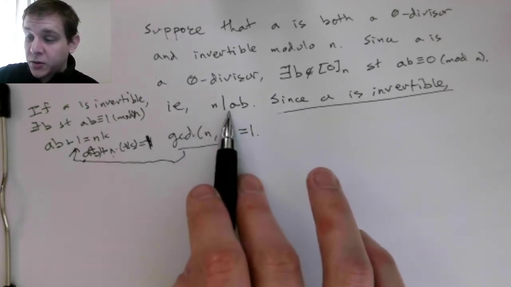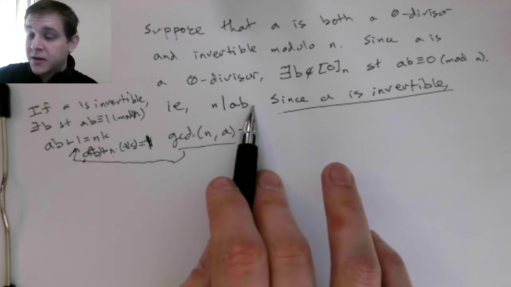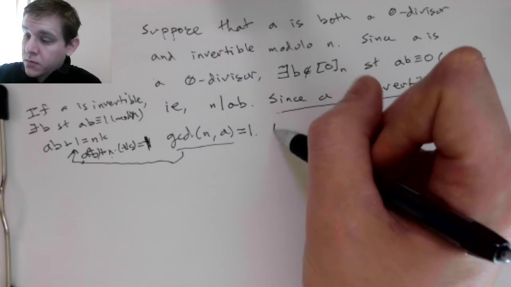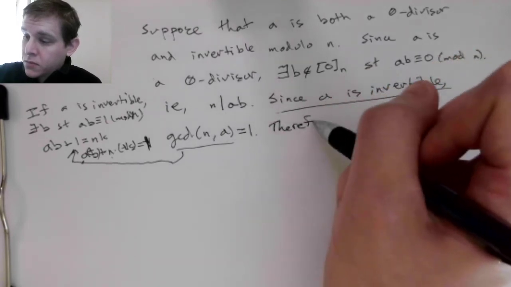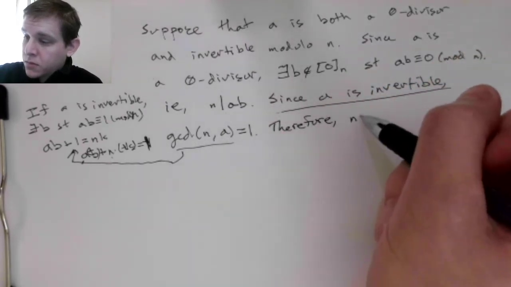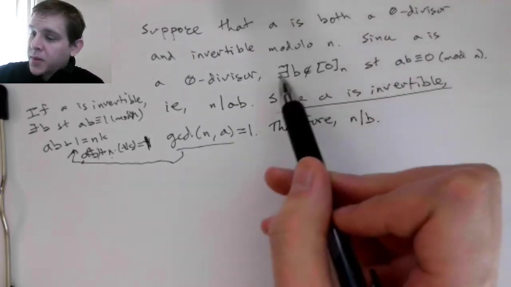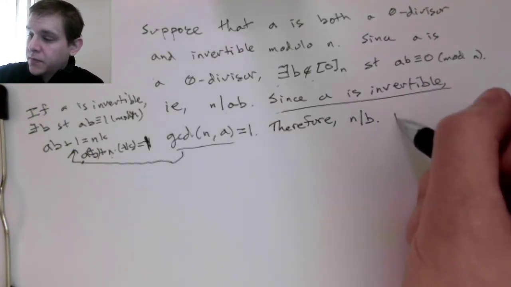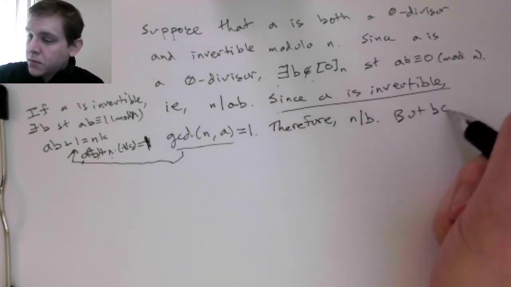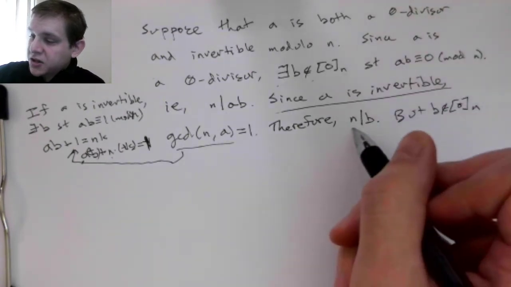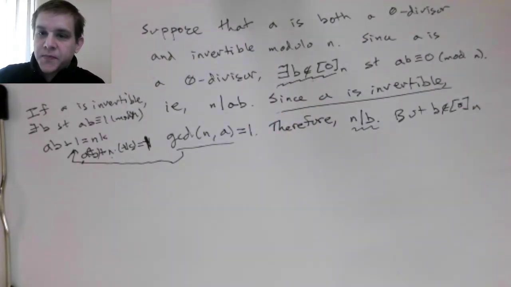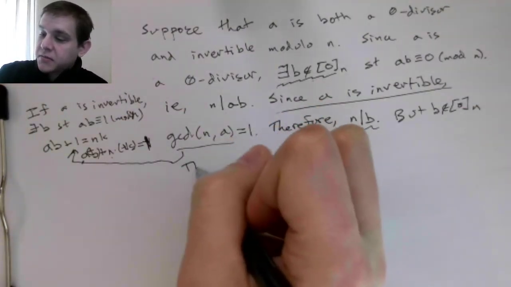All the primes here don't appear here, so they have to appear in B. That means that n has to divide B. But I need that B is not part of the equivalence class of 0 mod n, and this condition is exactly the condition that B is part of this equivalence class. So this is a contradiction.